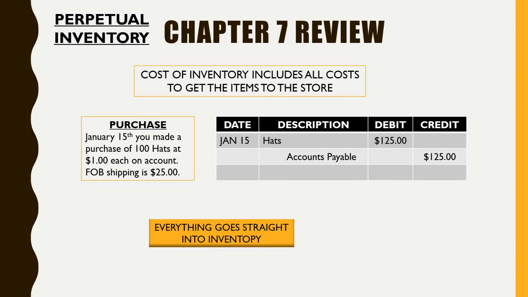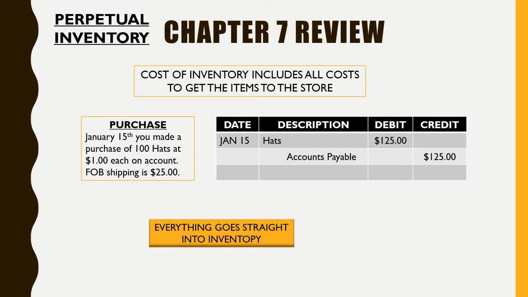Okay. Chapter review once again. We're taking a look at perpetual inventory. The way that we journalize perpetual inventory is we're going to recognize the actual item that we're purchasing, or if I don't specify, it's going to go straight to inventory. That's the idea here, we're just going to put everything into inventory.